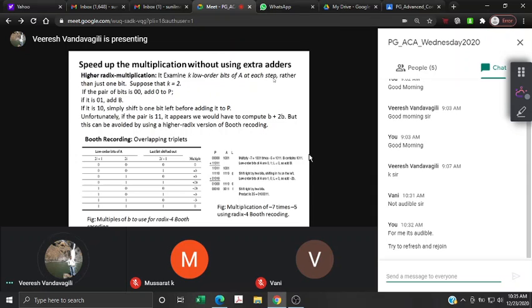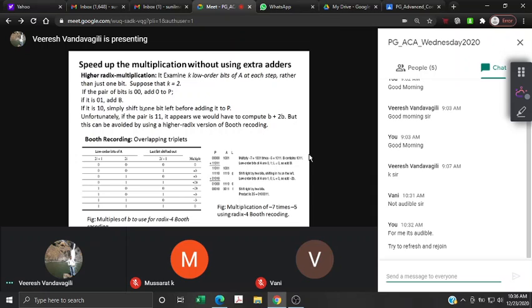In the register A, the lower order bits are checked to decide whether to perform the addition or subtraction operation or not. Suppose k is equal to 2. If the pair of lower order bits of the A is 0 0, then add 0 to the P. If 0 1, add B to the P.